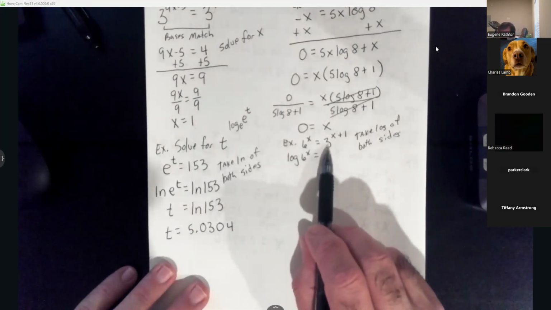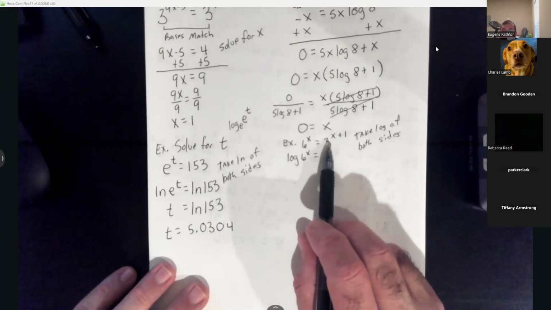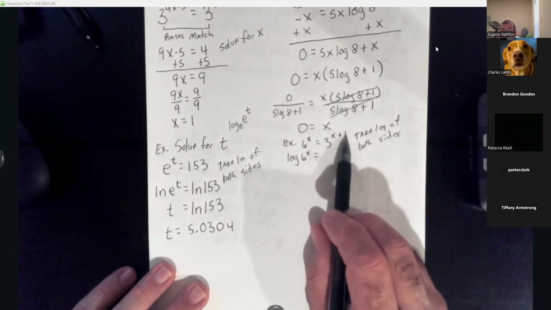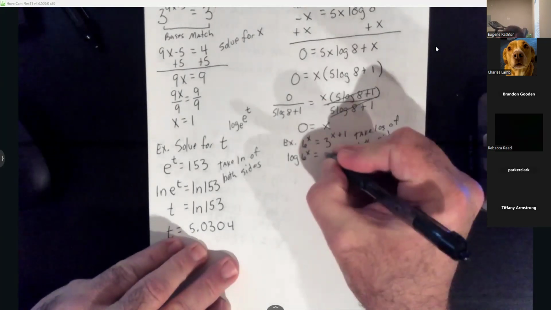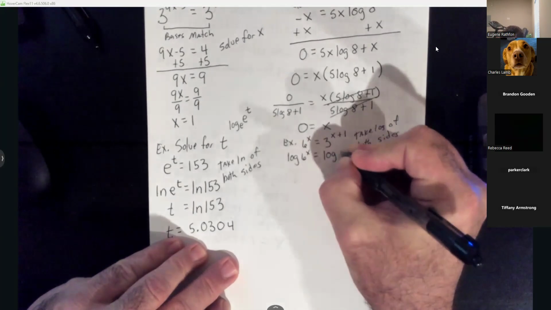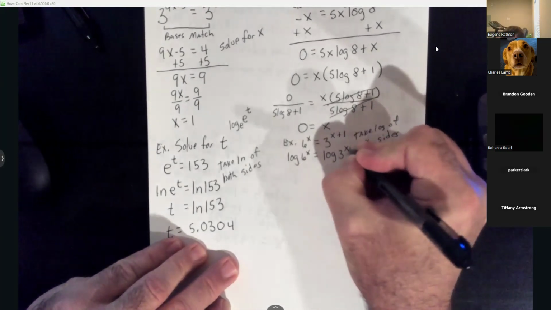Because on this side, we got to apply the log to both of these exponents, okay? So I'm going to start out doing this, log 3 to the x plus 1.